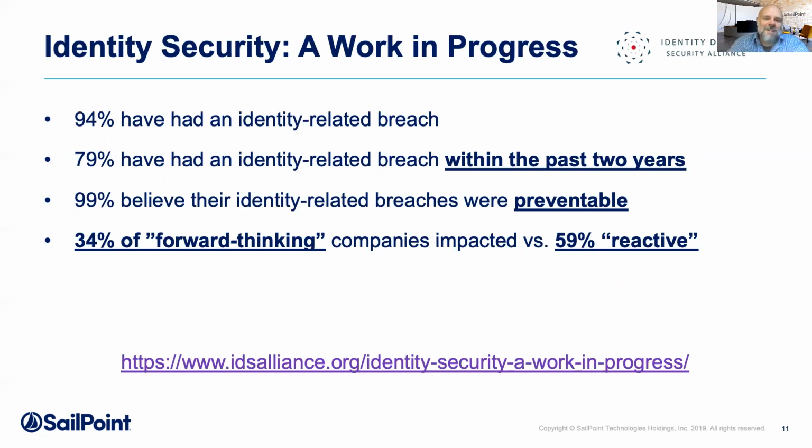The last stat I wanted to share from that report is that they took a look at these organizations and asked them to categorize themselves as either proactive, forward thinking, or reactive. And the proactive organizations saw an impact, or even a breach, to the tune of 25% less than the number of organizations who classified themselves as reactive.